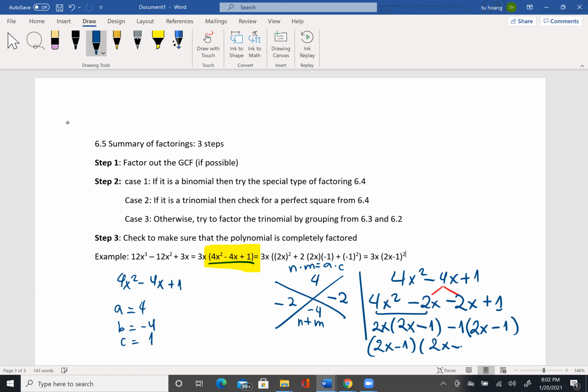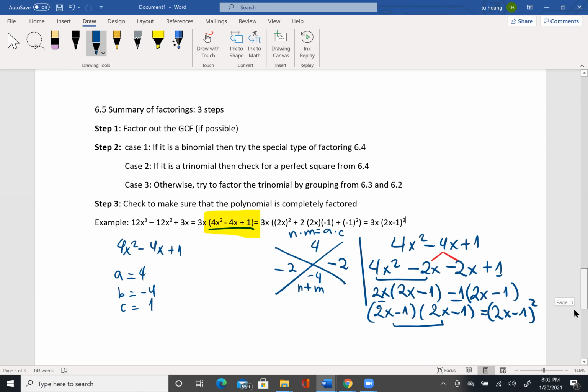And then 2x minus 1. See that? So then when you multiply this, you will actually have 2x minus 1 squared. And that's the reason why it is equal to 2x minus 1 squared. Okay.